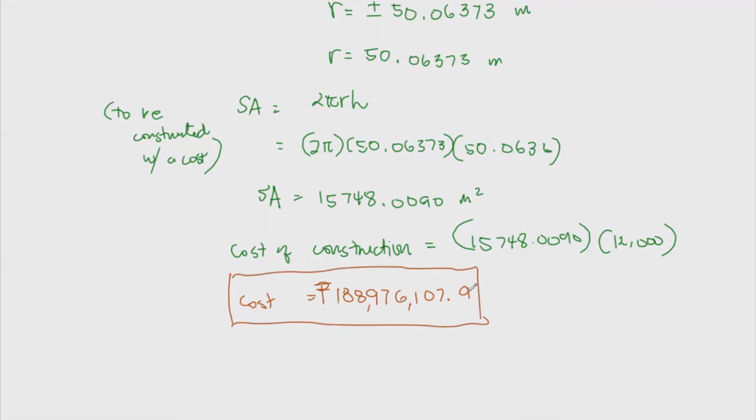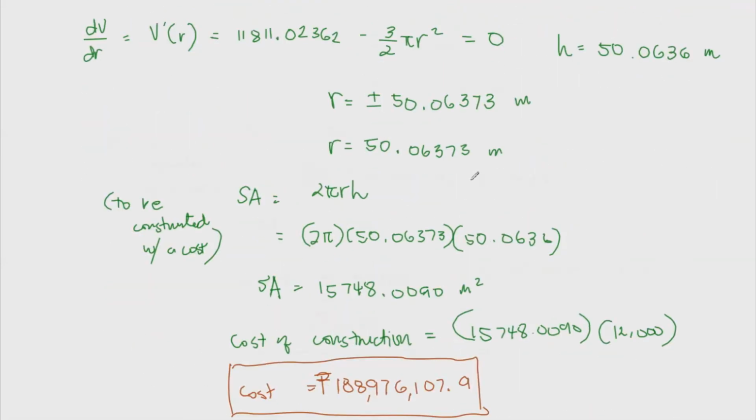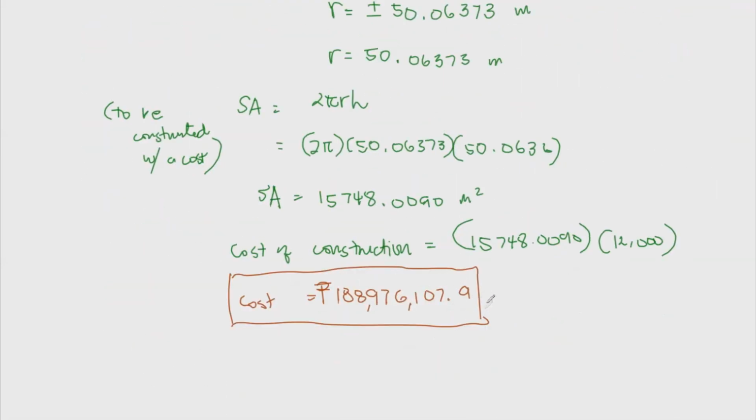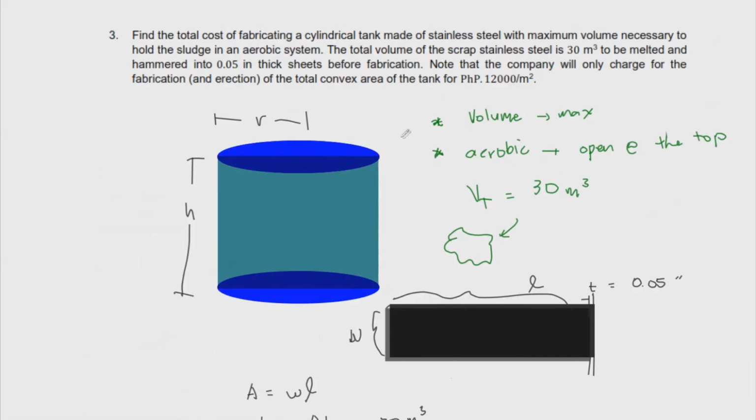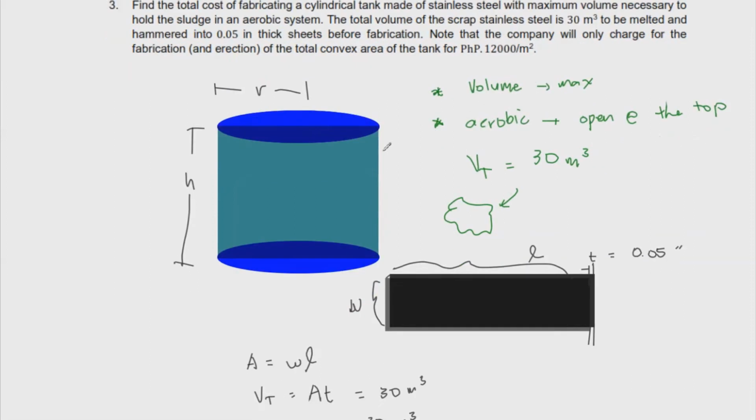If you're asking me, this is a very huge amount of money, but of course, this is just a hypothetical problem. Okay, this could have been lower, but that's just a problem.